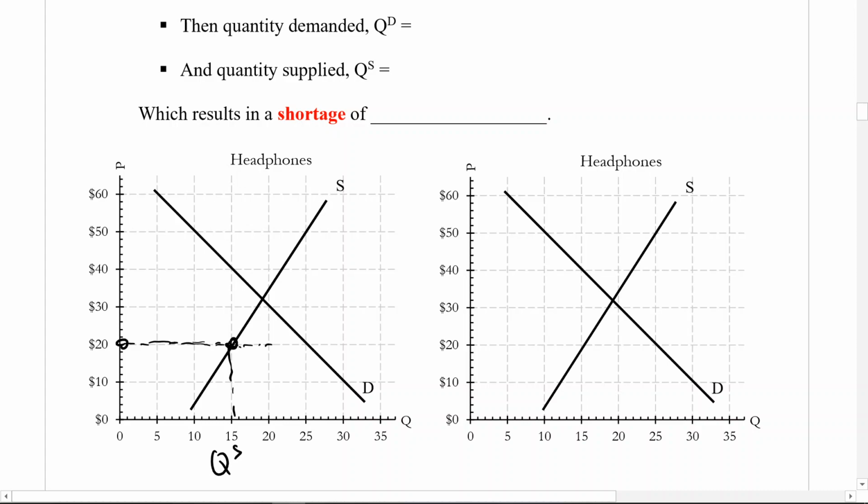At a lower price, the quantity demanded is going to be higher. So we have excess demand, and this area in here is the shortage. Quantity demanded is 25, quantity supplied is 15. Subtract to get a shortage of 10 headphones.